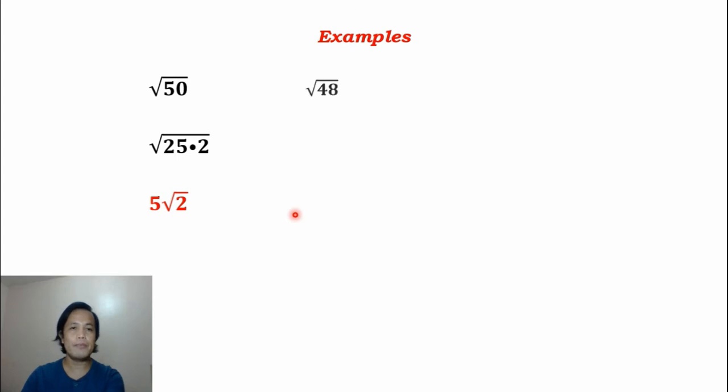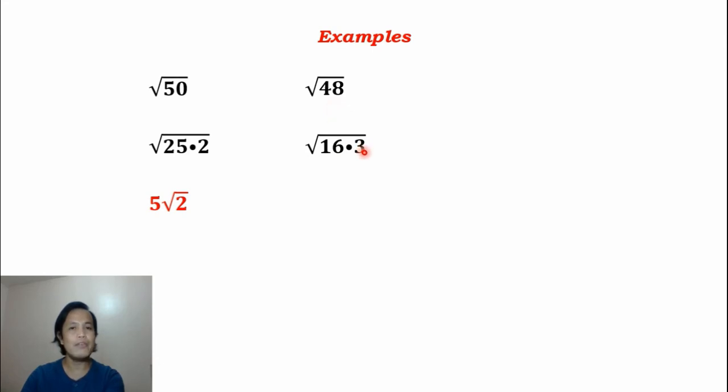Another example. For example, we are told to simplify square root of 48. The same concept. We need to factor out 48 in such a way that one of the factors will give us a perfect square. In this case, we can write 48 as 16 times 3, since 16 is a perfect square, and multiplying that by 3 gives us 48.